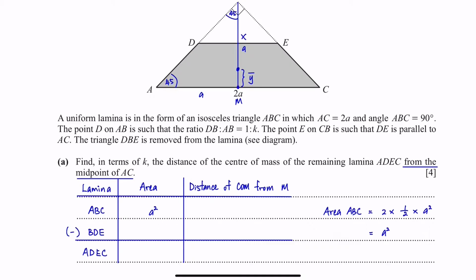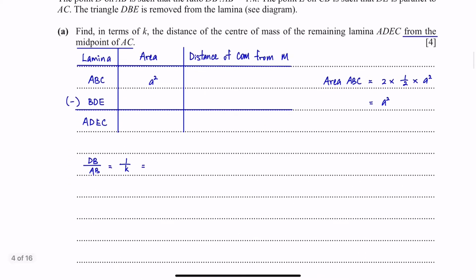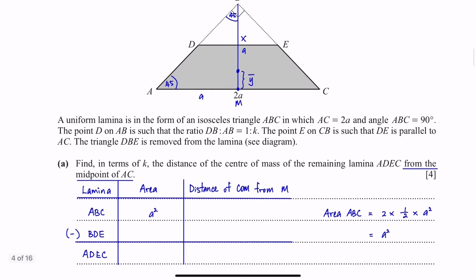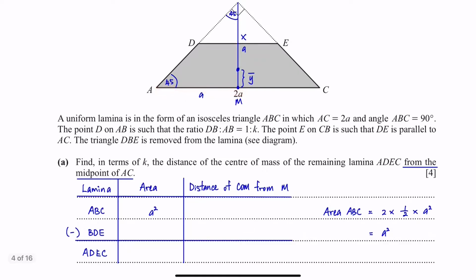It's the similar triangle concept. So we can write this as dx over AM as well. So now 1 over K is equal to dx over A, because AM is A, right?